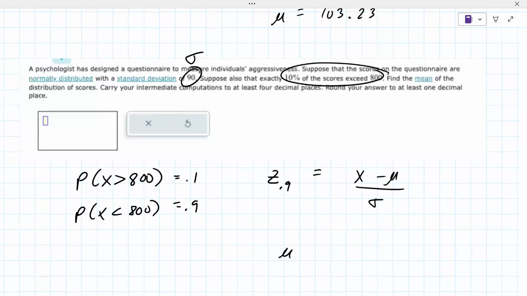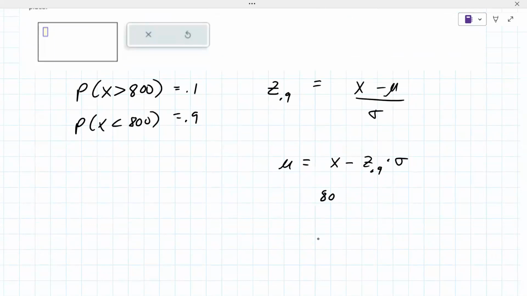So it's just like before. The mu is x minus z of 0.9 times sigma. Their x is 800 in this problem. And that z of 0.9 is an inverse norm lookup in a normal distribution table.